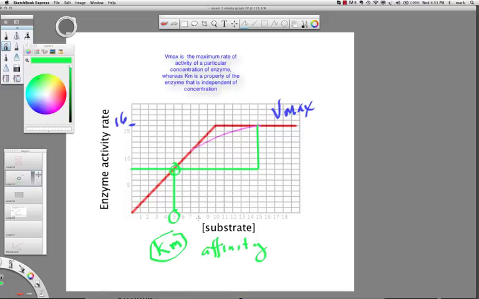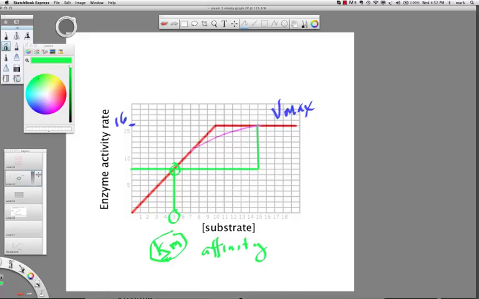And so, say if you were to change the amount of enzymes in a solution, that wouldn't be changing any one of those enzymes' ability to find substrate. And so this number, this relationship between substrate concentration and enzyme activity, this Km value, shouldn't change as we change, for instance, the quantity of enzymes that we put in the test tube.